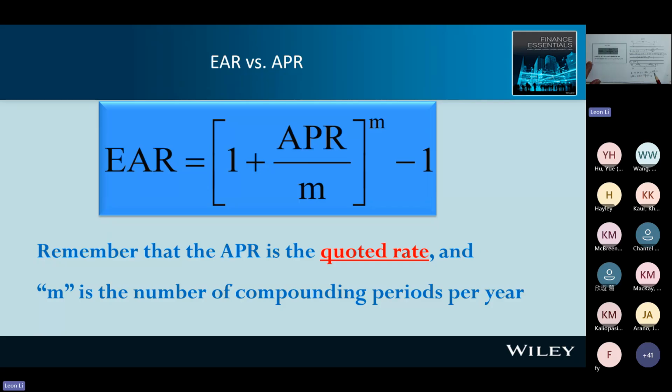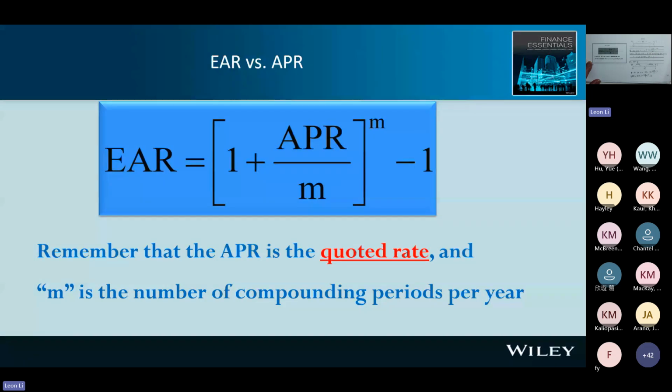This is the money at year 1. And your EAR will be the money at year 1 minus your initial investment, $1. So this is our EAR. Right, this is a special case, M is 2. Now we consider a general case, M.